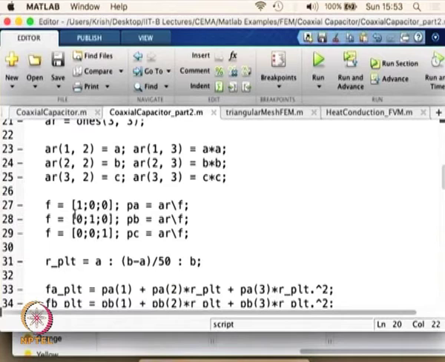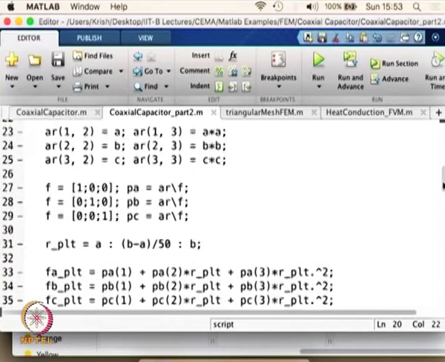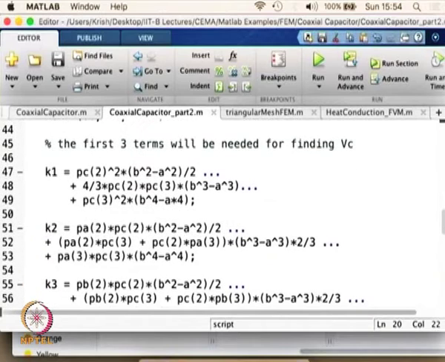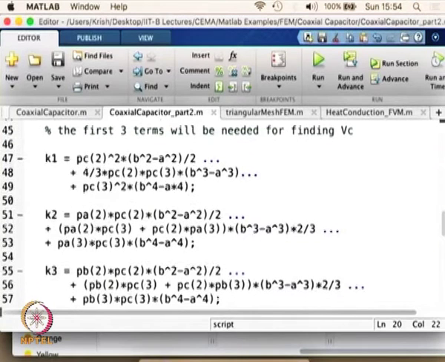So it is 1 0 0, 0 1 1, 0 1 0, 0 0 1, and once we have that, we can compute the values of PA, PB and PC by inverting the ARs and multiplying it with F, and we are able to plot the values of various basis functions, the FA, FB and FC. We will do that, and we are now going into the program where we are computing the values of various parameters that we are going to use in computation.